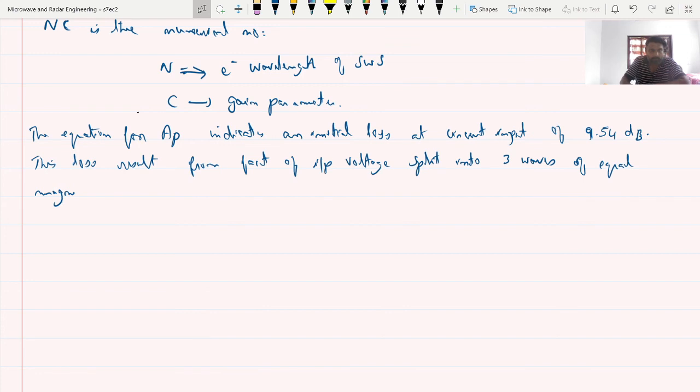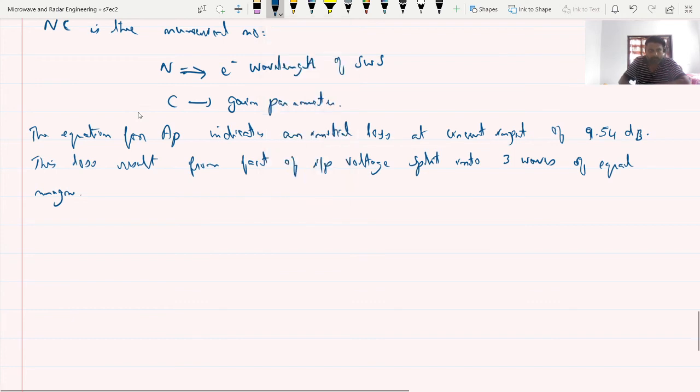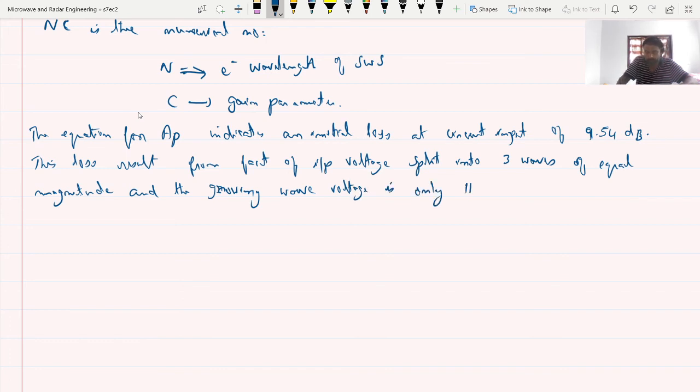Of equal magnitude, and the growing wave voltage is only 1/3 of the total input voltage.